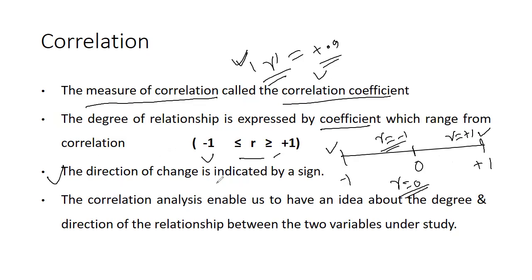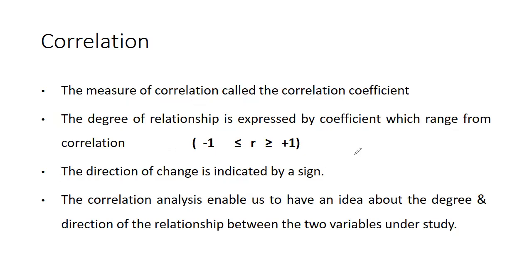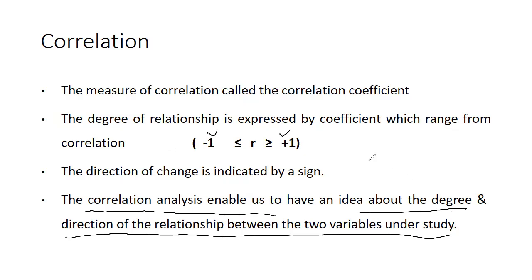The direction of change is indicated by sign. Our correlation may be negative and may be positive. Through the sign, we can say whether the two variables are positively related or inversely related. The correlation analysis enables us to have an idea about the degree and the direction of the relationship between two variables under study.